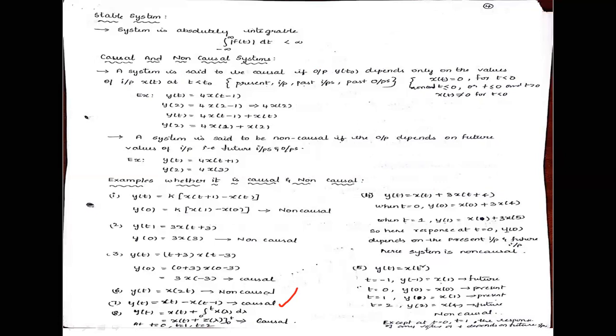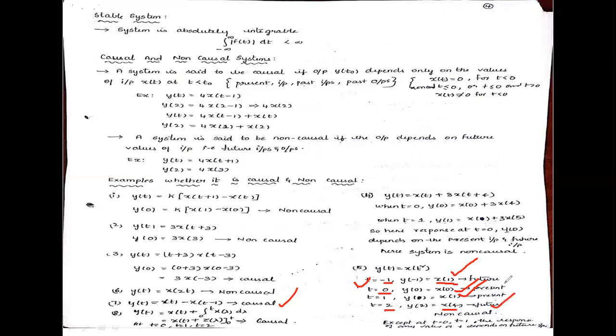Understood, my dear students? So see here, y of t equals x of t square. If I take x of t square, is it non-causal or causal? T is equal to minus 1, x of 1. Minus 1, we are at minus 1, but it shows the future value. T is equal to 0, present. T is equal to 1, present. And t is equal to 2, x value shows the future.